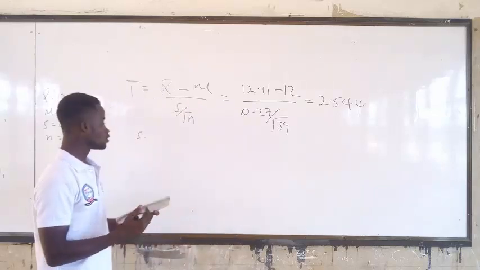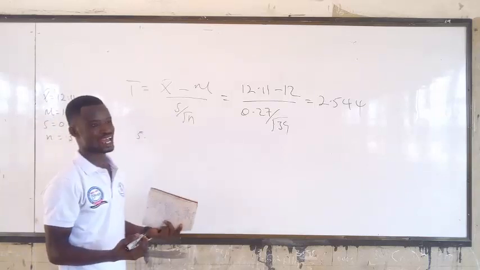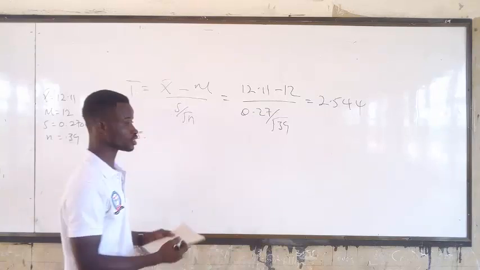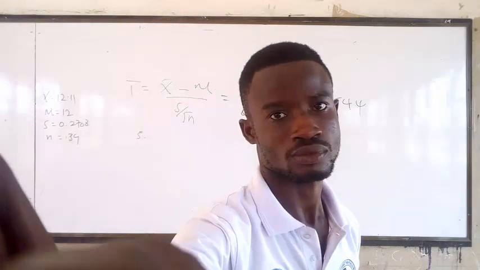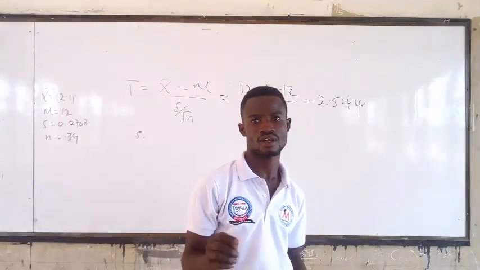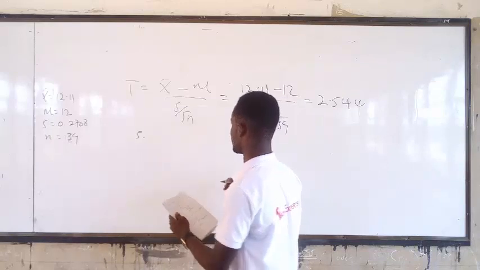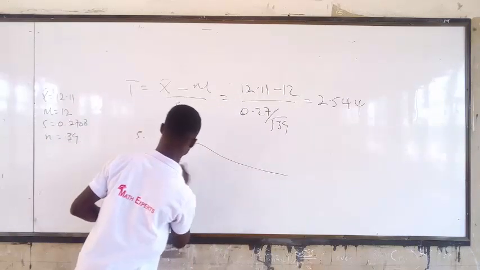Alright, so when you get to this, then this is your test statistic. Then you go to the fifth stage, where you can go by the traditional method or by the p-value, but let's go by the traditional.